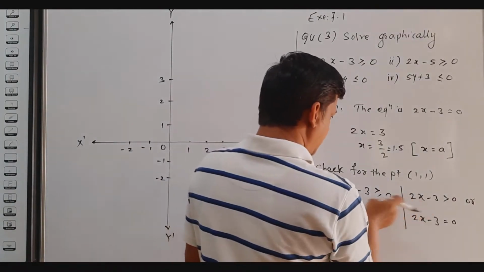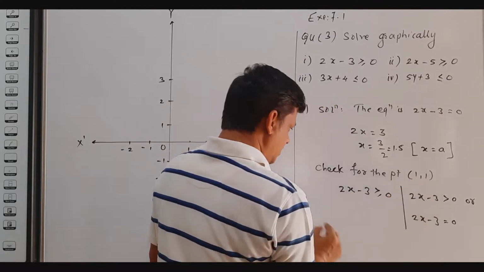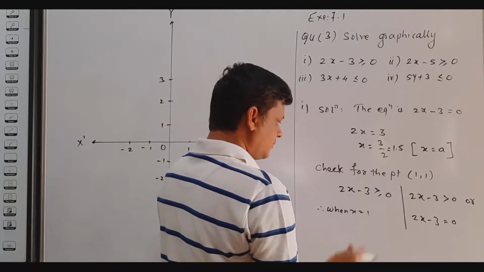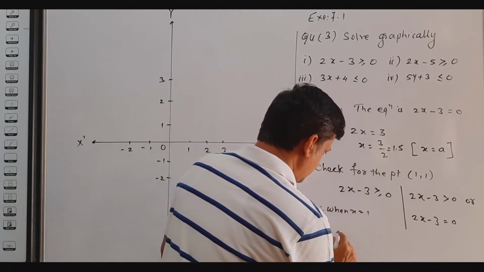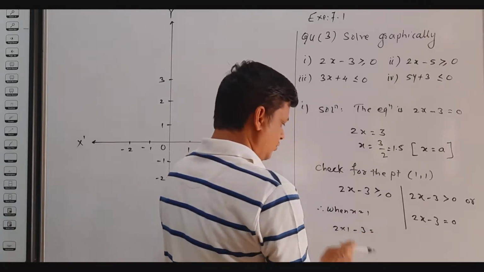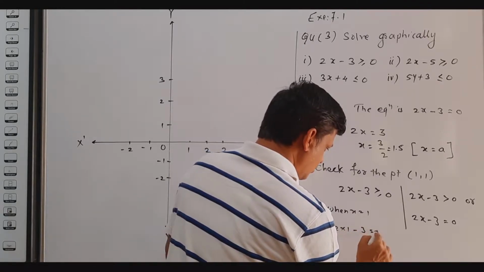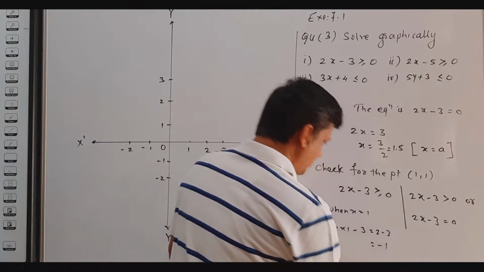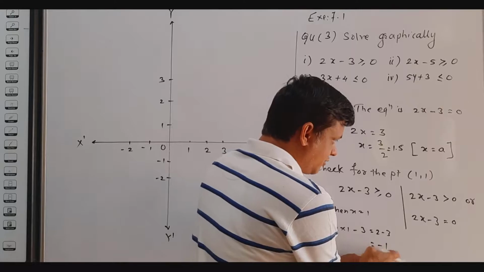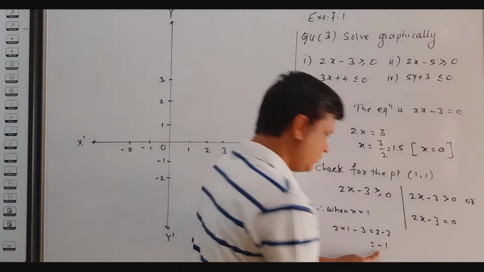So we take x is equal to 1. Therefore, when x is equal to 1, we write 2 into 1 minus 3, which is 2 minus 3, which is equal to minus 1, and we know that minus 1 is not greater than 0.